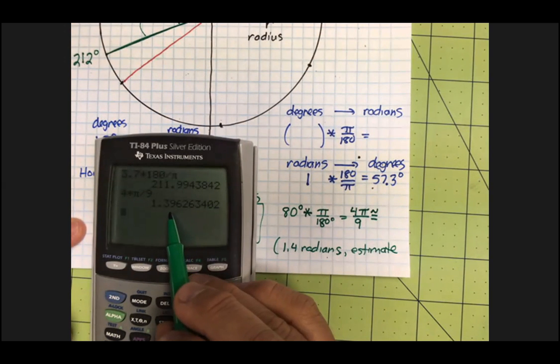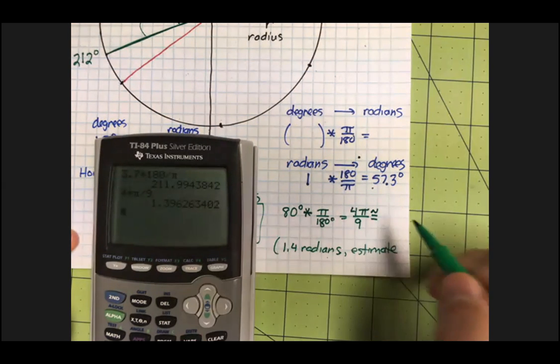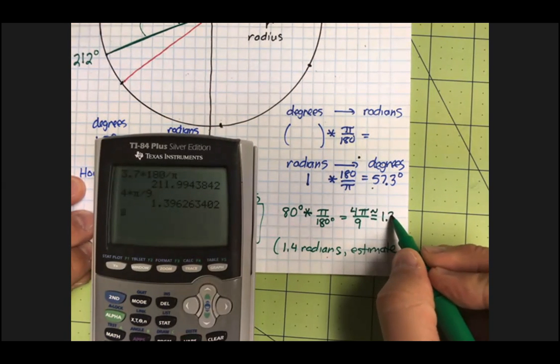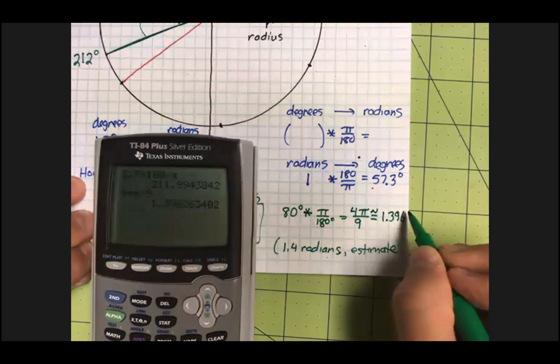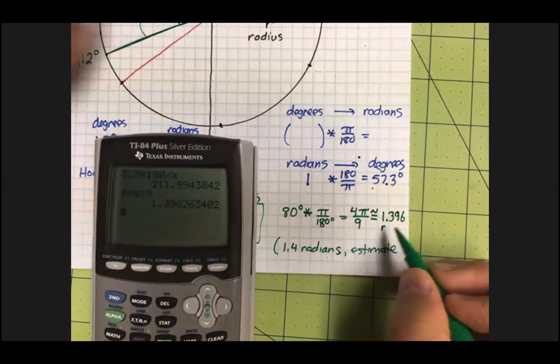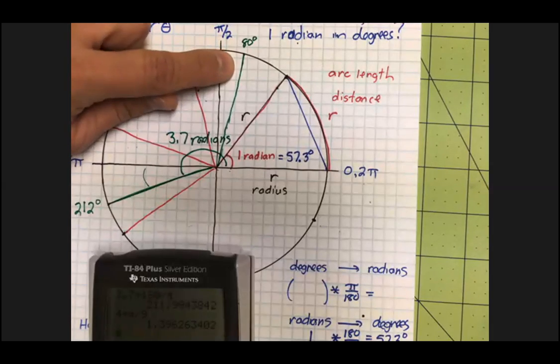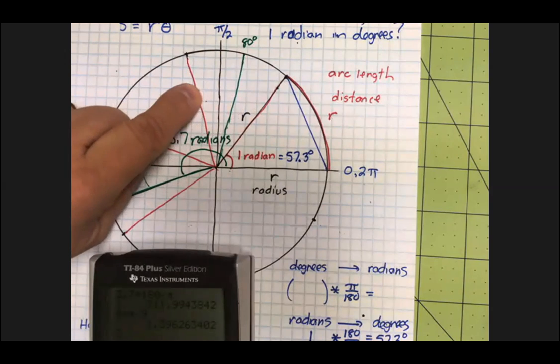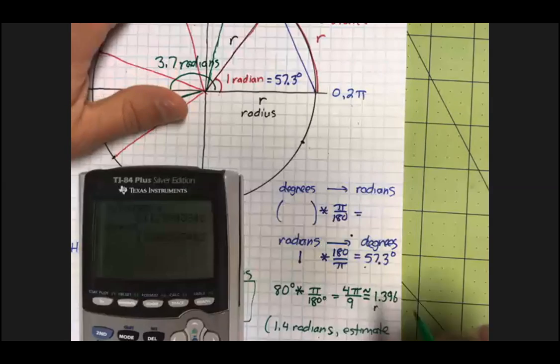Now, if I round that off to the nearest hundredth, it is 1.4. So our estimate up here of about 1.4 radians is reasonable.